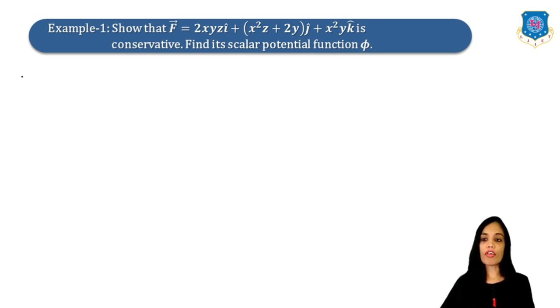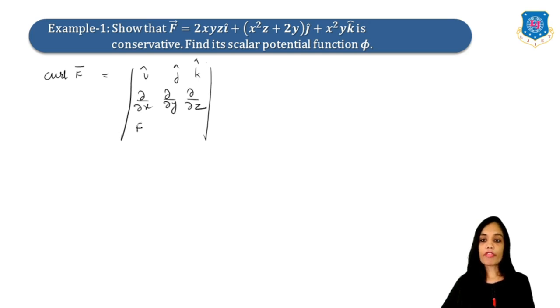So firstly, in order to check whether the field is conservative or not, we will find curl of f bar, right? The formula is the determinant of i, j, k, del by del x, del by del y, del by del z, f1, f2 and f3.